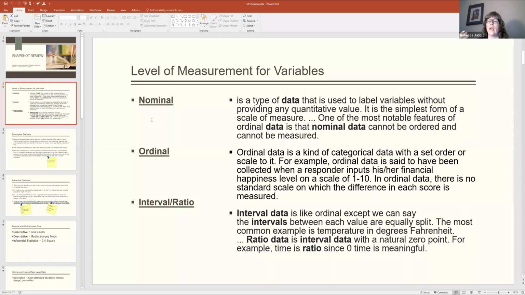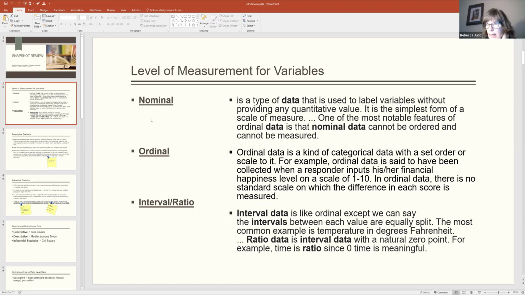It's things like political party affiliation and gender, the things that we use words to describe. And out of that, about the only thing you can do is counts. But tonight we are going to look at doing a chi-square to look at some relationship between those variables. We use a lot of nominal level data in the work that we do, so it's important that we have some tools in our toolkit to analyze those.